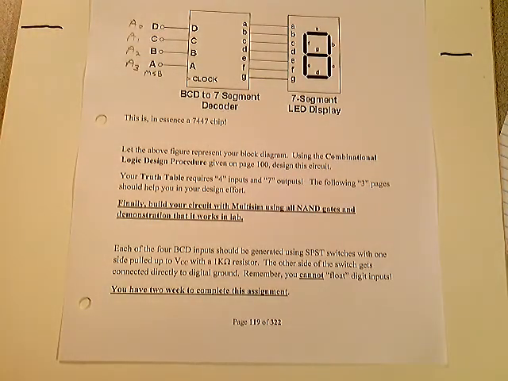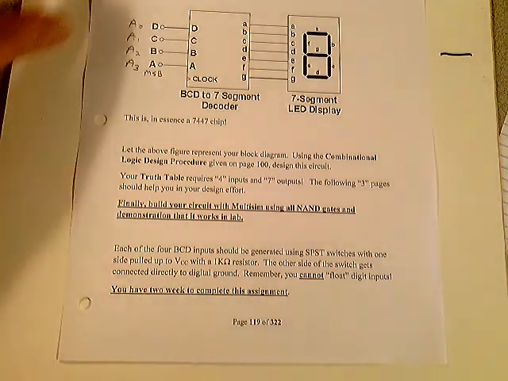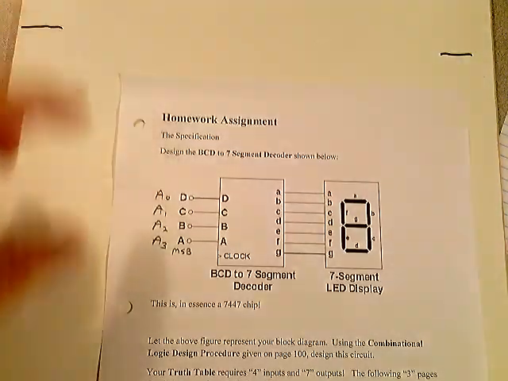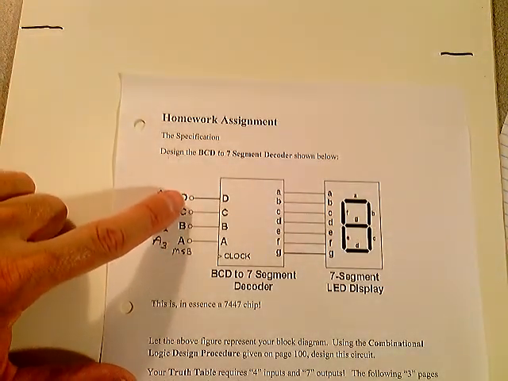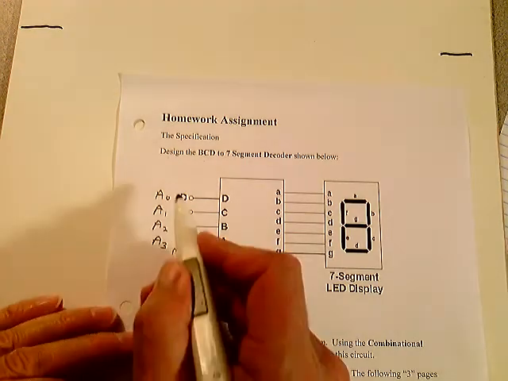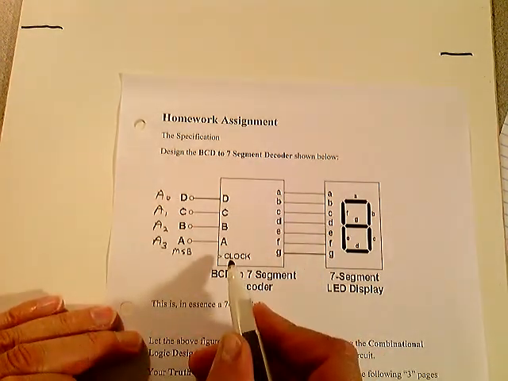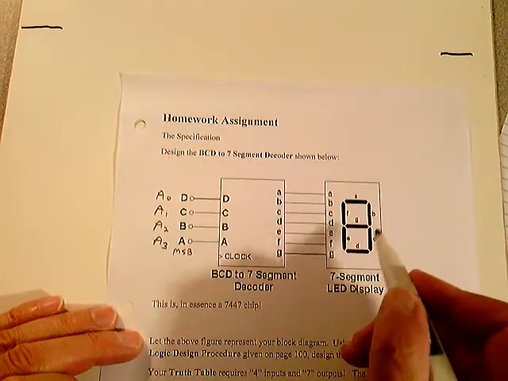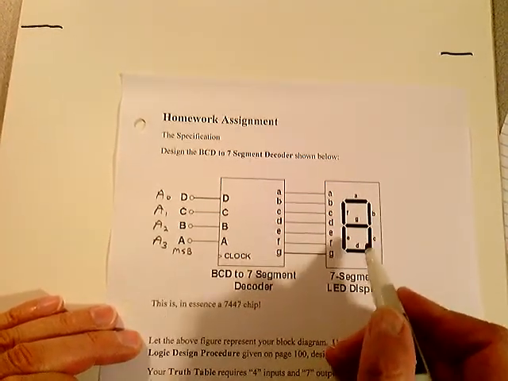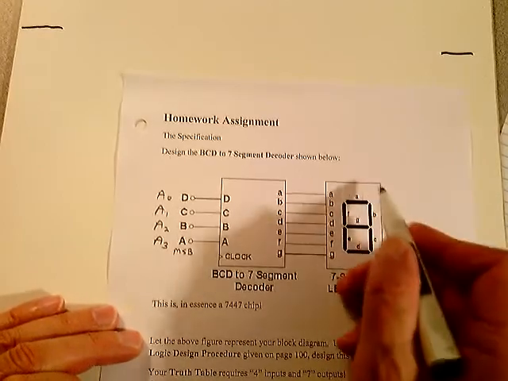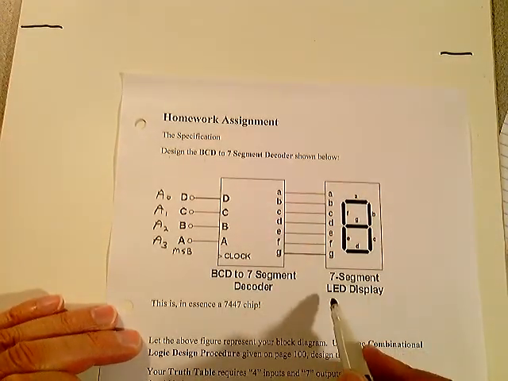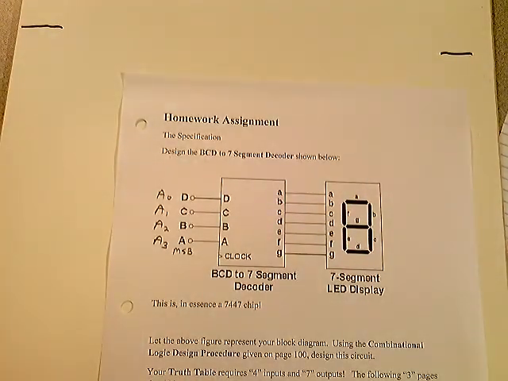What do I mean by that? Each of these inputs here, I'm going to show you what you're going to have to do in Multisim to put a 0 or 1 here, as you step through your possibilities to get 0, 1, 2, 3, 4, 5, 6, 7, 8, 9 lit up in this 7-segment LED display.